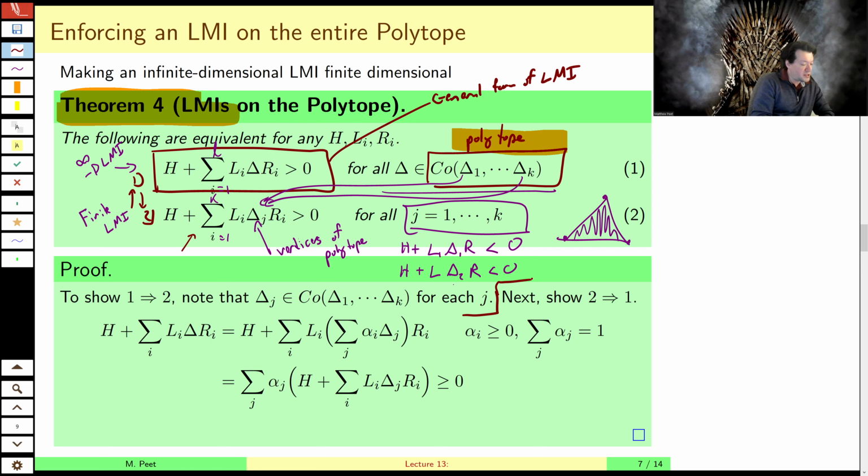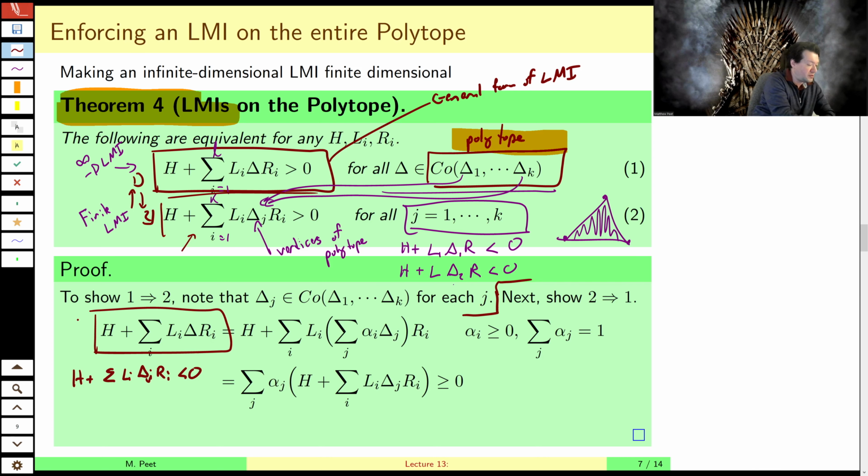So first of all, we say, suppose this LMI holds at the vertices, right? So if it holds at the vertices, then we have that this is true, right? So specifically, H plus some L_i delta_ij R_i is less than 0. Okay, so that's true. Now, what we're going to do is say that we have any point in the set.